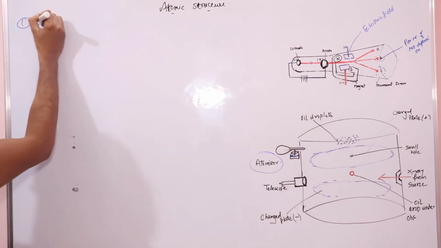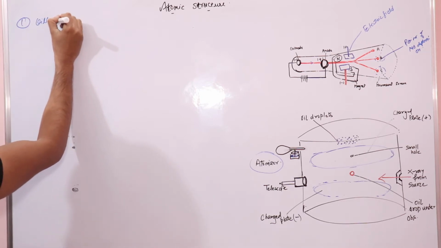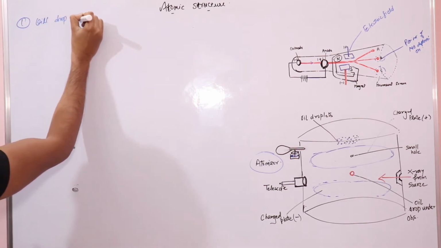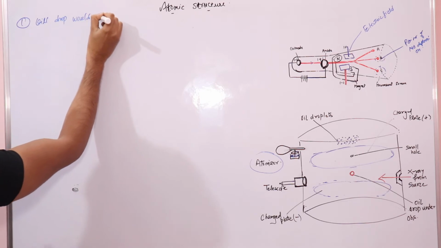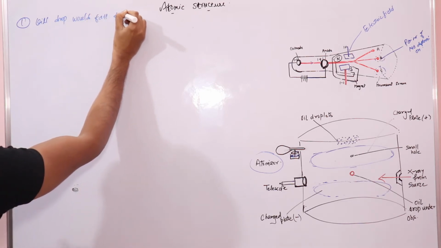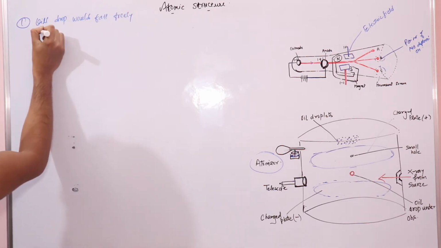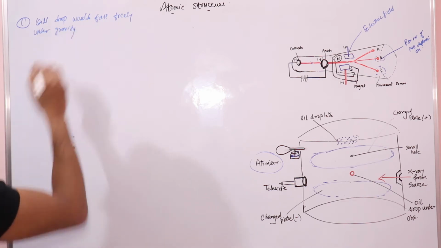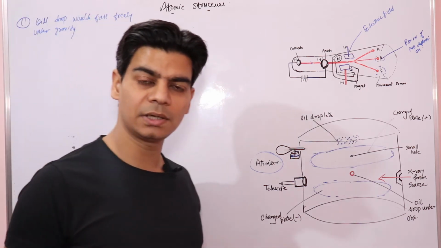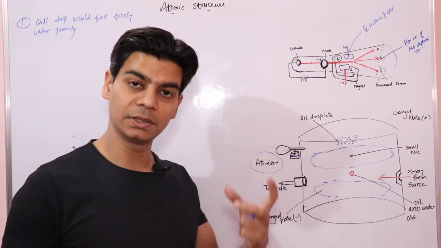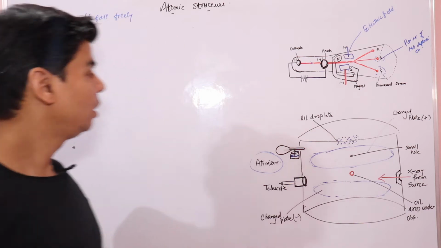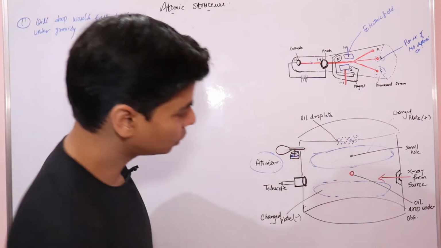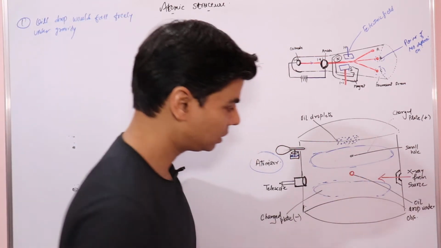Oil droplet would fall freely under gravity. So the force that is exerted by gravity, the force due to gravitational pull on this oil droplet, suppose this is the oil droplet under observation.